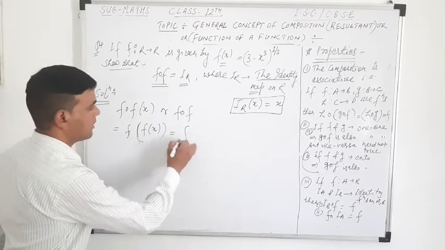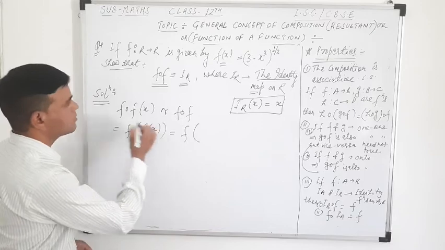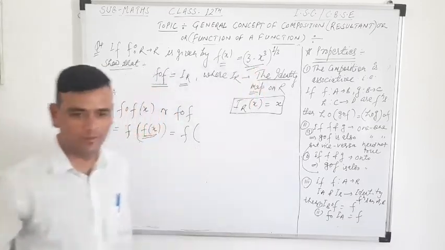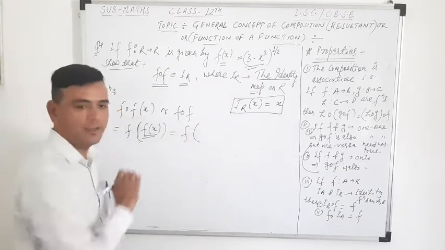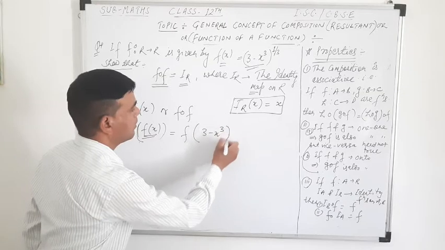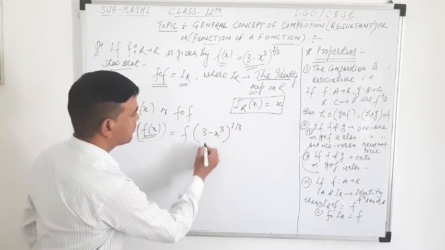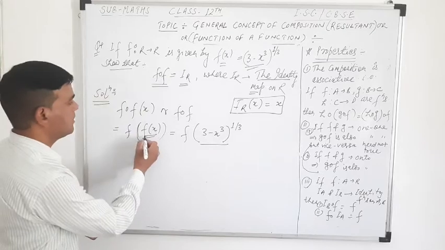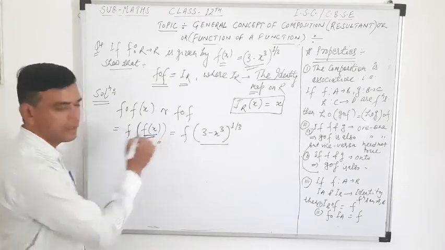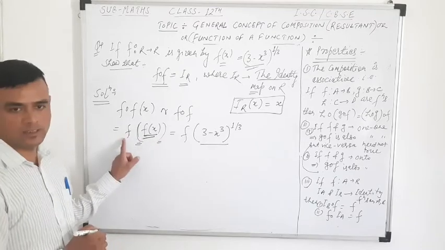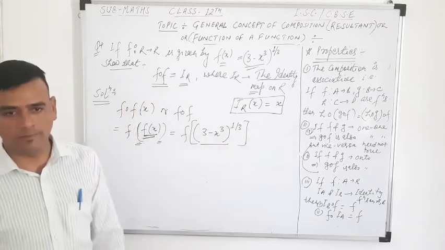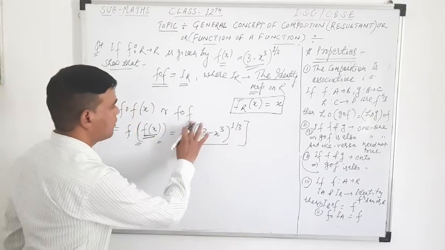Now see here, students, in place of f(x) you will put this whole value. So what do you write here? (3 - x^3)^(1/3). Actually this is nothing but the replacement of f(x), and these two brackets are for the outer function.